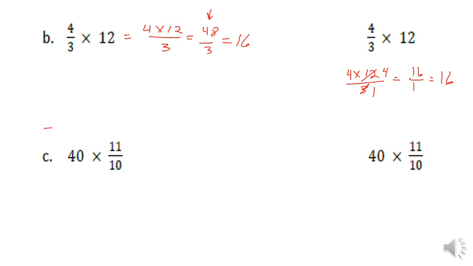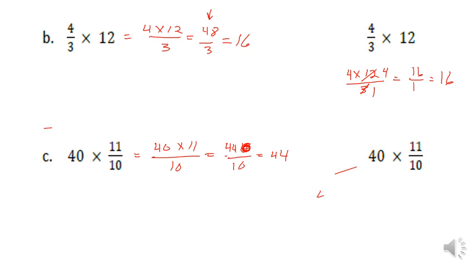All right, for the next one, we have 40 times 11 over 10, which equals, 40 times 11 is going to be 440 over 10. And I know I'm dividing by 10, so it's going to end up being 44.